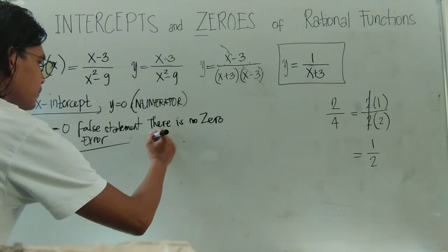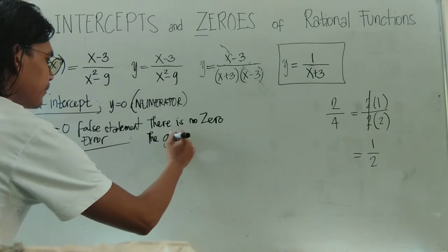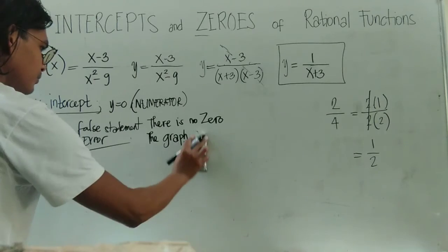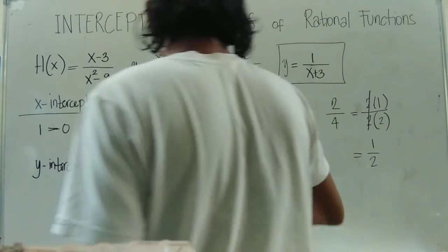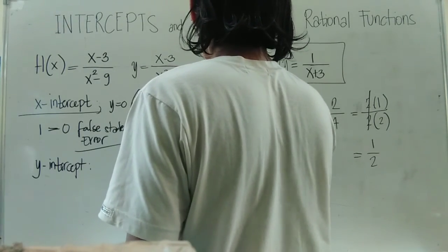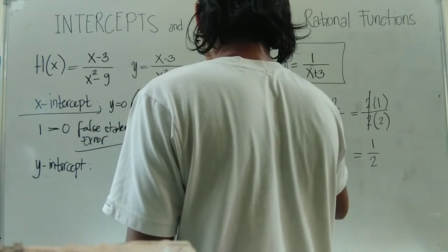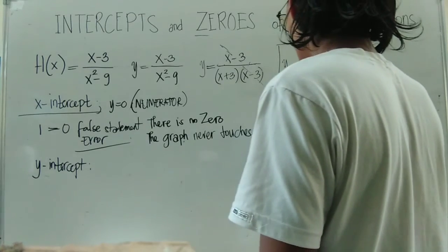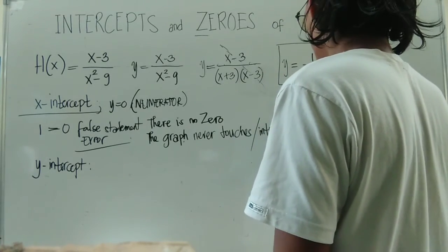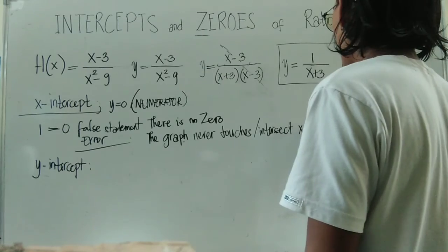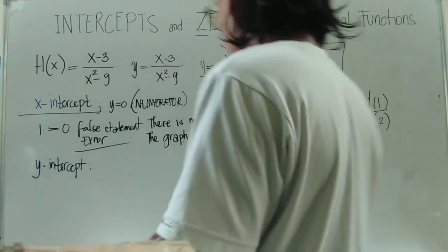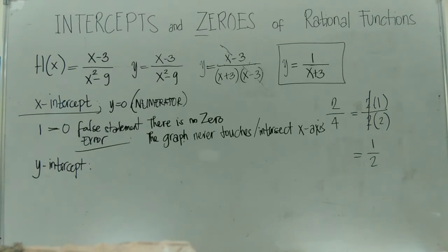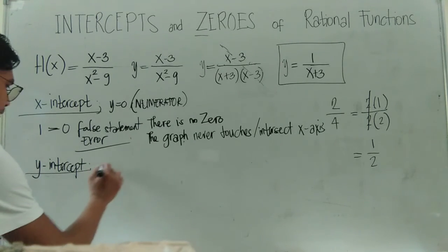Or we can say that the graph never touches nor intersects the x-axis. Okay, so I guess we are clear on your x-intercept, why we cannot solve for your x-intercept. So let us proceed to your y-intercept.